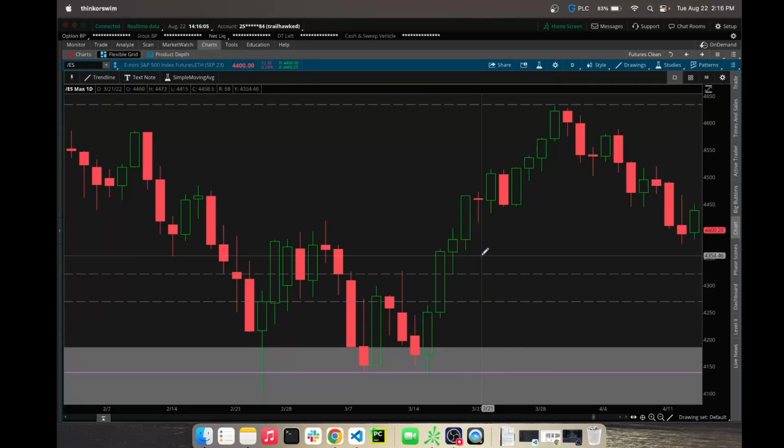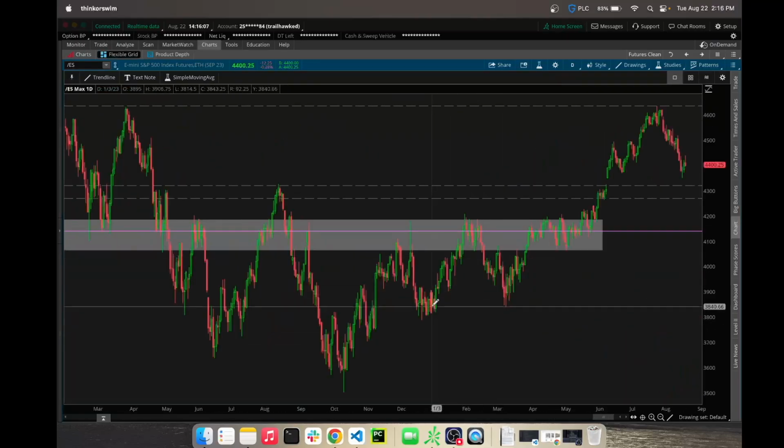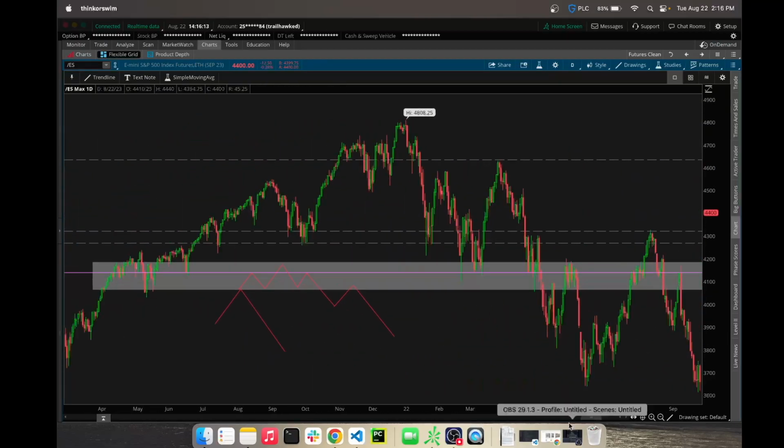But if we're outside of this zone, then I'm always very open and willing to look at taking aggressive entries as we come up against it, especially if the zone is tight, right? Especially if we look at something much smaller and enter there.